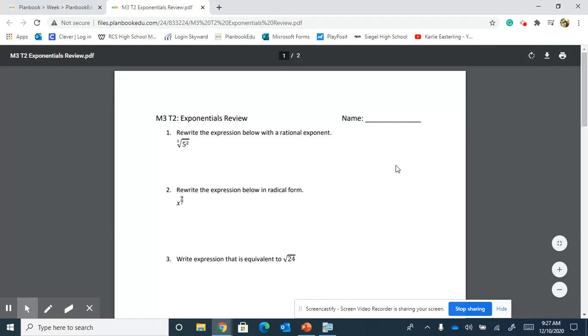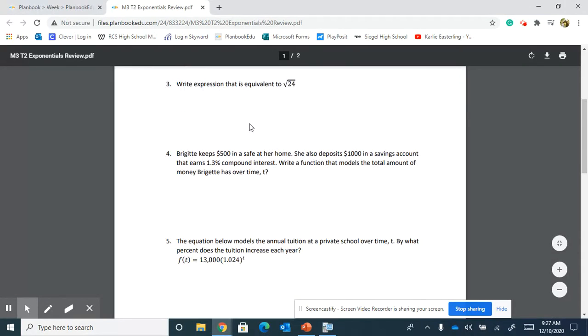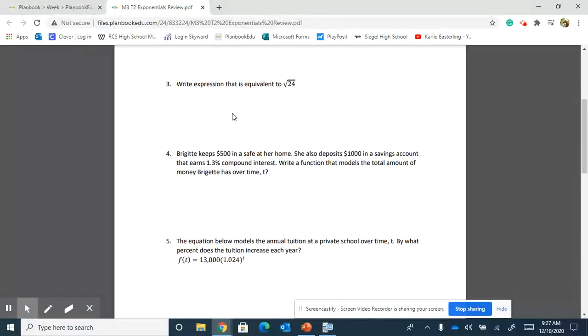So M3 T2 exponential review. And as soon as this pulls up, I'll show you. All right. So rewriting exponential below the rational exponent, write it in radical form, simplify the expression. That was all from exponential functions and rational expressions notes the other day.